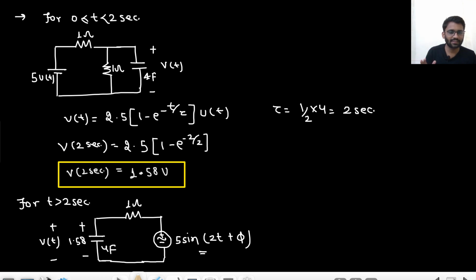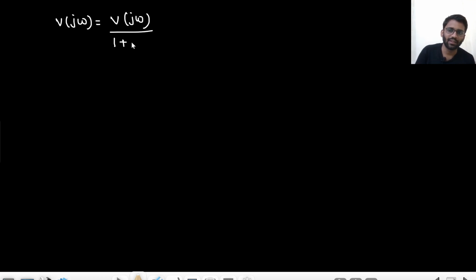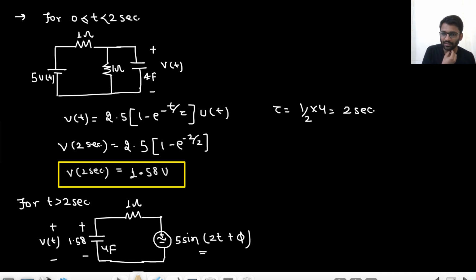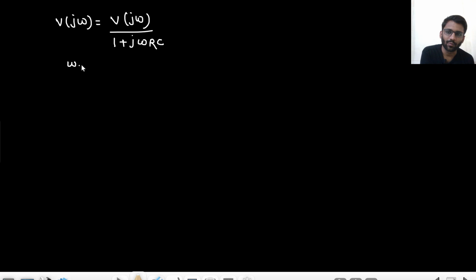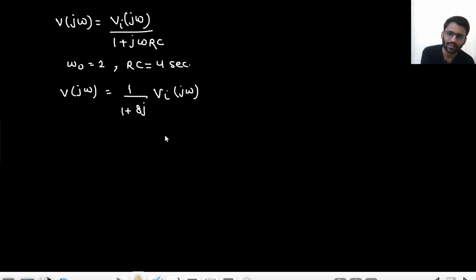Just 1 upon 1 plus RCs, that you know. So V in upon j omega RC, right? RC value is 4 seconds, so you can put 4, and omega naught is 2. So V of j omega is 1 upon 1 plus 8j times V in of j omega, right?